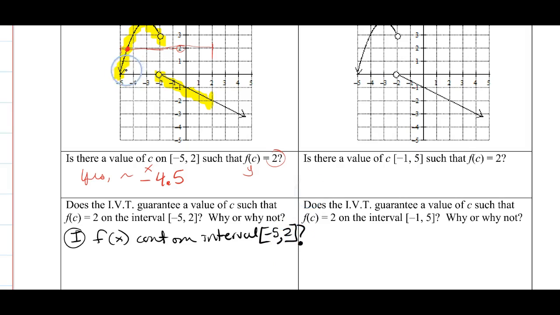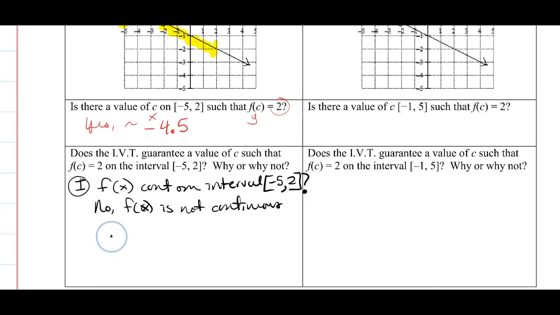Well, looking at the interval -5 to 2, it's not continuous. I have this big jump discontinuity here. That is my jump discontinuity. So I'd say no, the function is not continuous. It is not continuous on that interval, on -5 to 2.